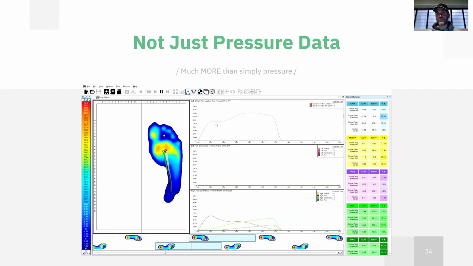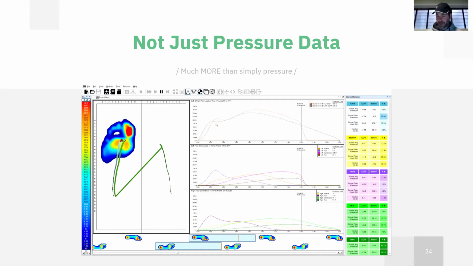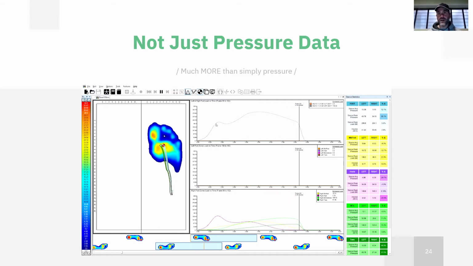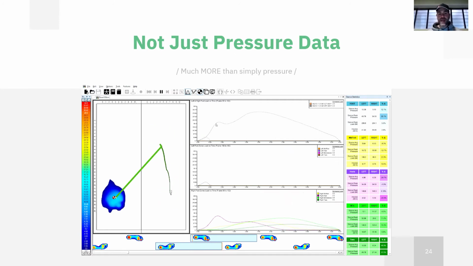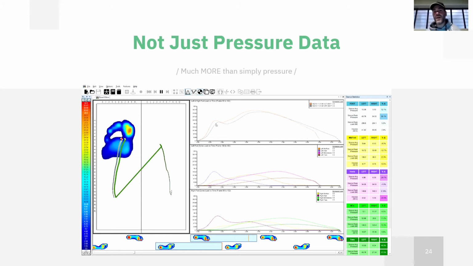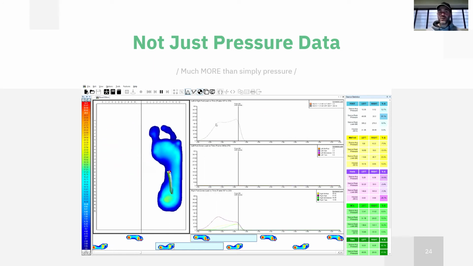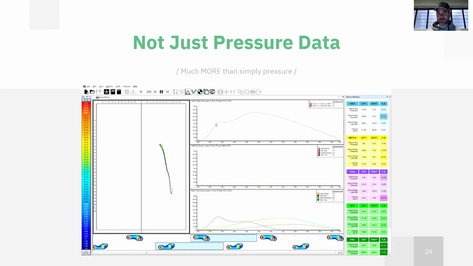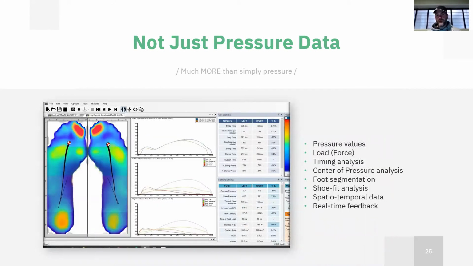I would like to stress this concept because sometimes people tend to think about pressure measurement technology as a way to look at pressure, but using a plantar pressure measurement system is much more than simply pressure, and we will see this in detail.